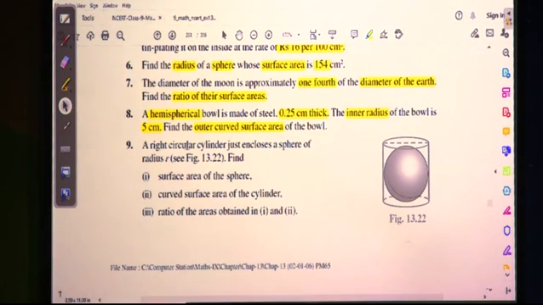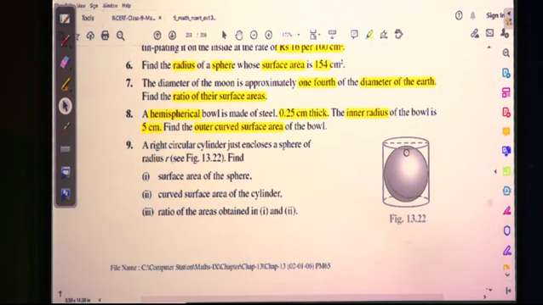A right circular cylinder just encloses a sphere of radius r. What is said? A right circular cylinder just encloses a sphere of radius r. Here we can see the figure 13.22. Outside it is a right circular cylinder and inside a sphere is present, which is just enclosing.